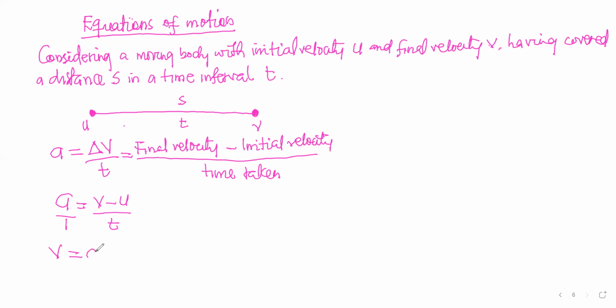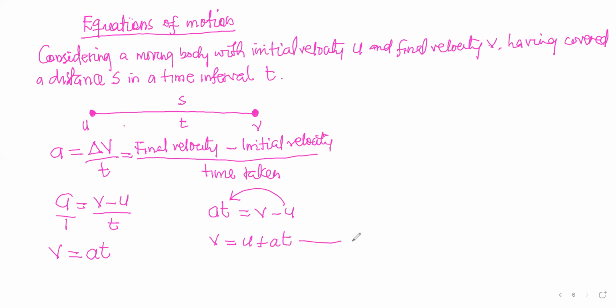So if I cross multiply, I have a times t is equal to v minus u. How do I make v the subject? You make v the subject by sending u to the other side. u is negative; when it crosses, it will be positive, isn't it? Yes. So when you make v the subject, it will be equal to u plus at.